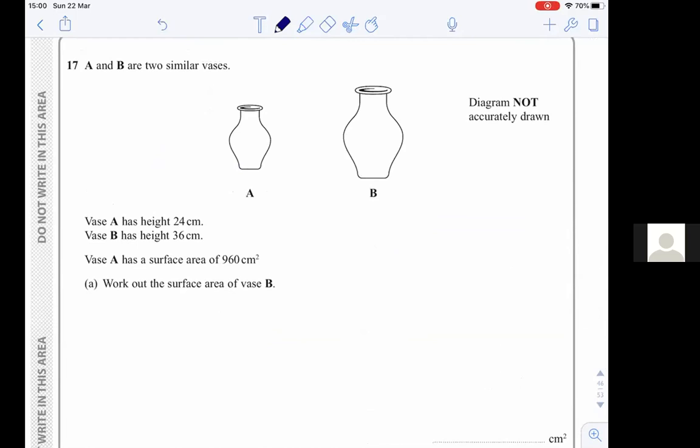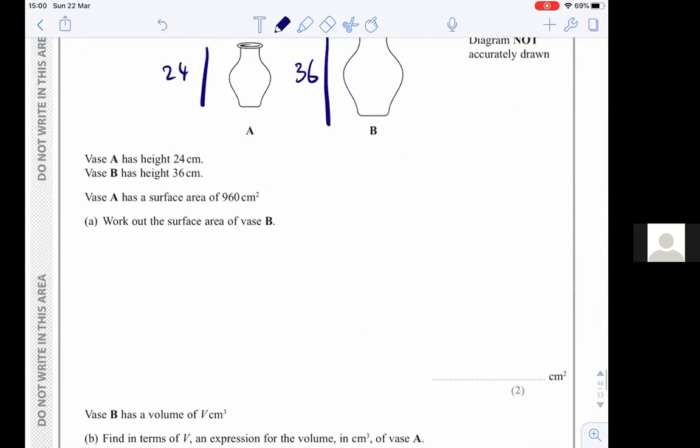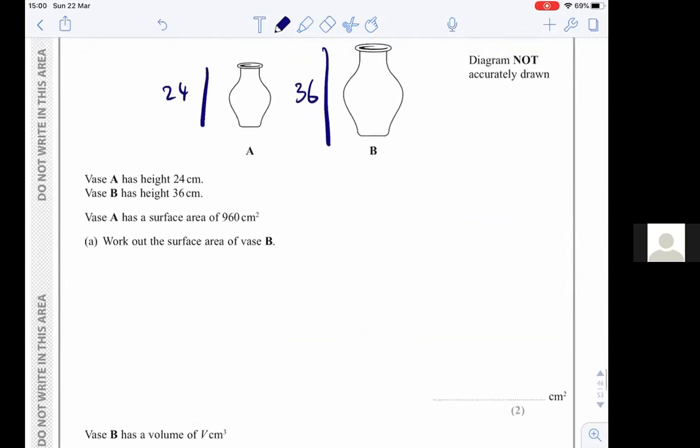Question 17, similar shapes. Okay, so vase A has a height of 24, and vase B has a height of 36. Now vase A has a surface area of 960. Work out the surface area of vase B. Now, a key thing here is not to get caught in the trap of 1D scale factors staying 1D, because we now have 2 dimensions in this question.